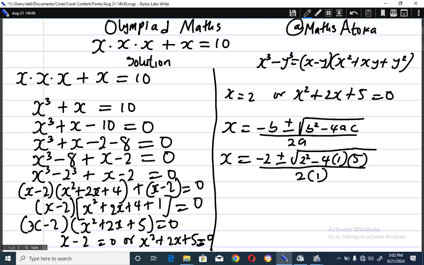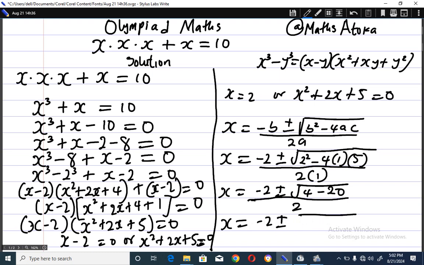So I'm having that my x is equal to minus 2 plus or minus the square root of 4 minus 20, right? 4 minus 20, then everything over 2 times 1 is giving us 2. So therefore my x is equal to minus 2 plus or minus the square root of minus 16, then everything over what? 2.